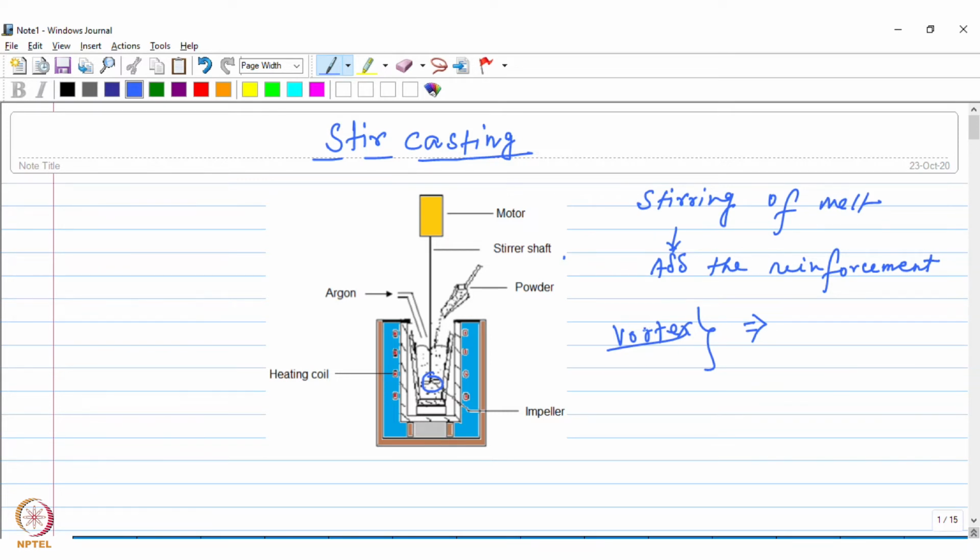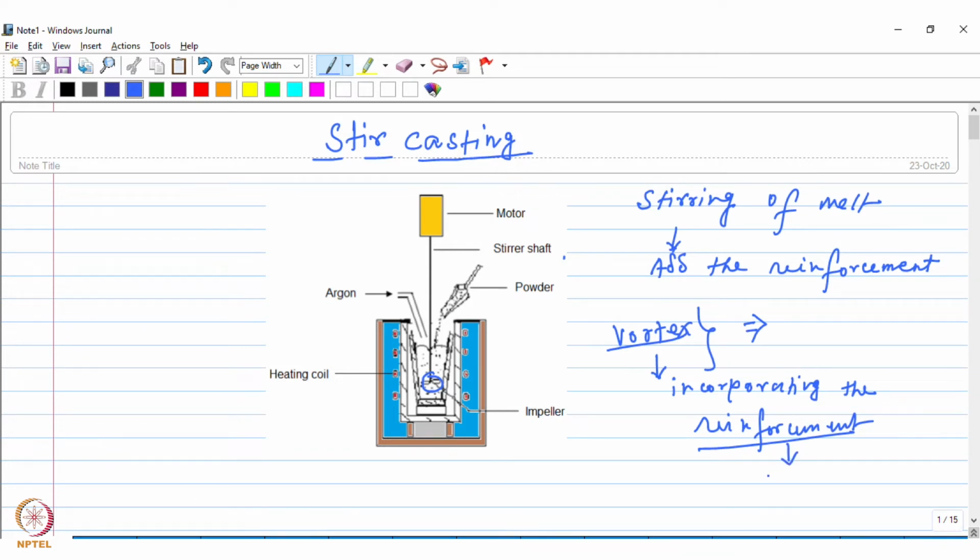This vortex which is created is helpful for incorporating the reinforcement. What kind of reinforcement can be added?